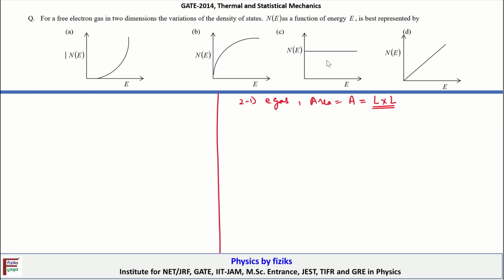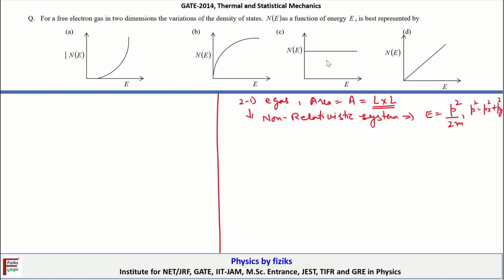Because the electron gas is a non-relativistic system, the corresponding energy of the electrons inside the metal two-dimensional system can be written as E equal to P square upon 2m, where P square is equal to Px square plus Py square.